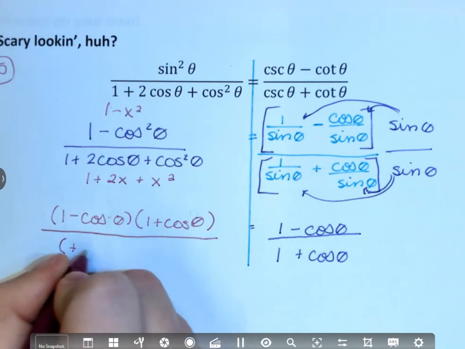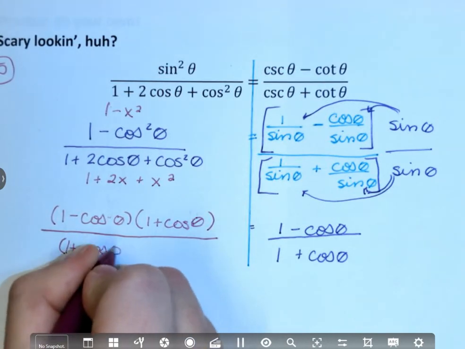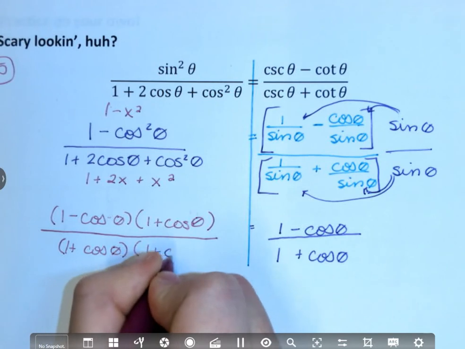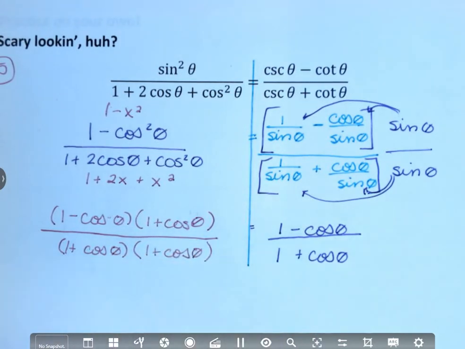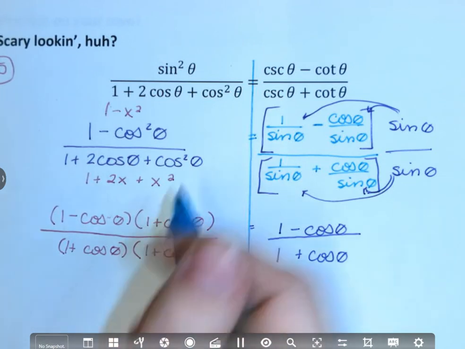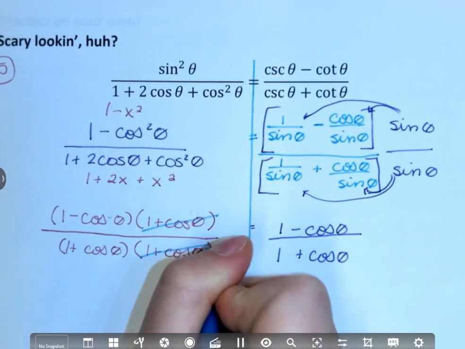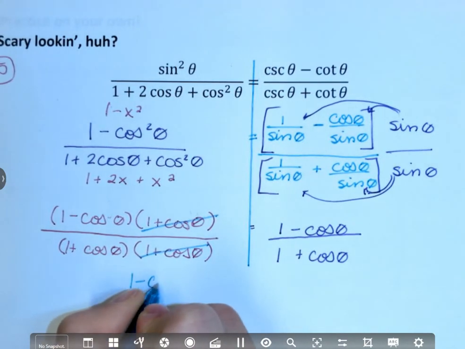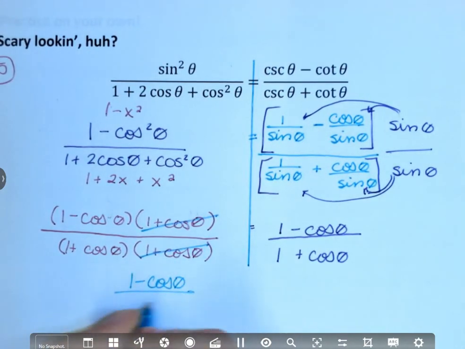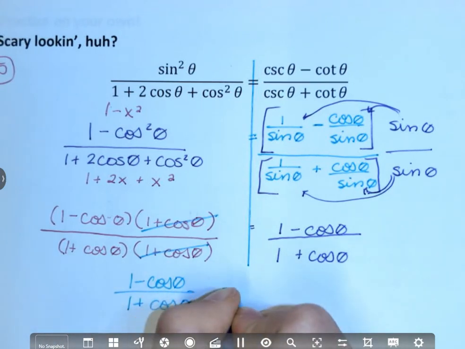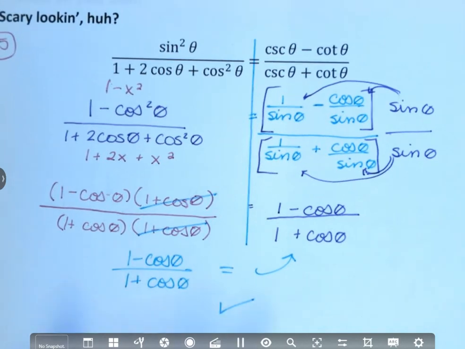So that'll be 1 plus cosine, 1 plus cosine. Now I'm really excited. What do you see? They can simplify away, these guys, toodles, and I'm left with 1 minus cosine theta over 1 plus cosine theta, which is exactly what I wanted. Now left equals right, I'm done.